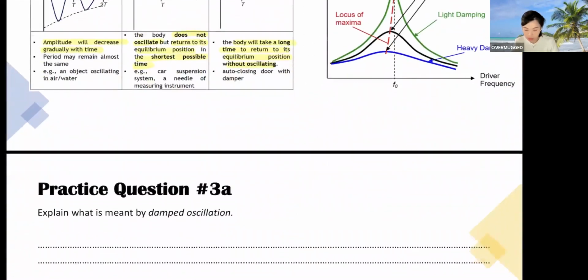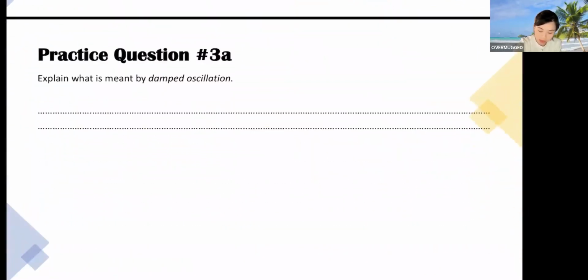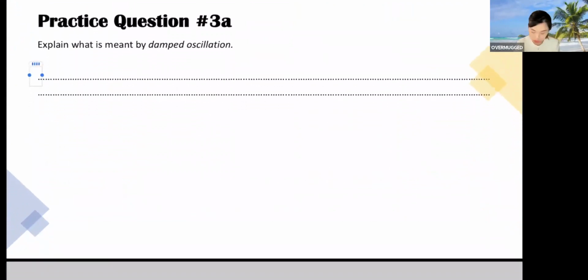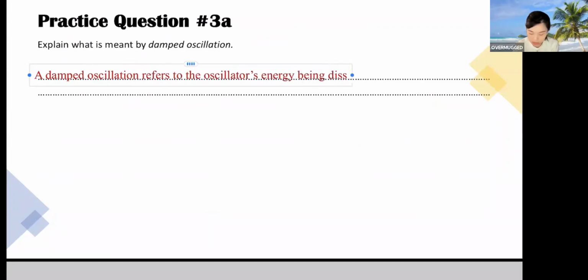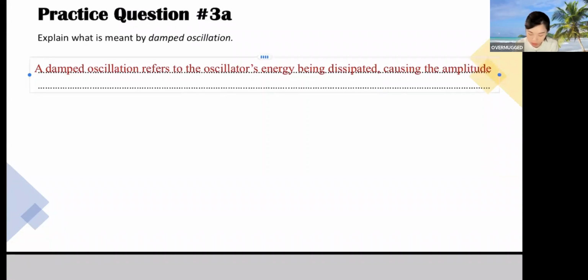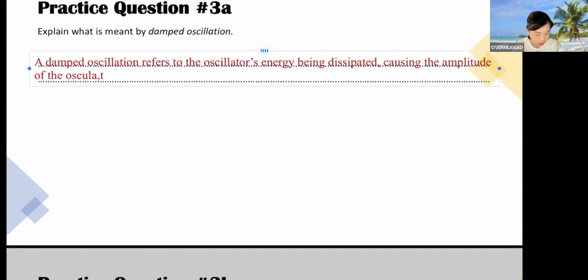Okay, so what does it mean by a damped oscillation? Pretty straightforward. A damped oscillation refers to the oscillator's energy being dissipated, causing the amplitude of the oscillation to decrease over time.